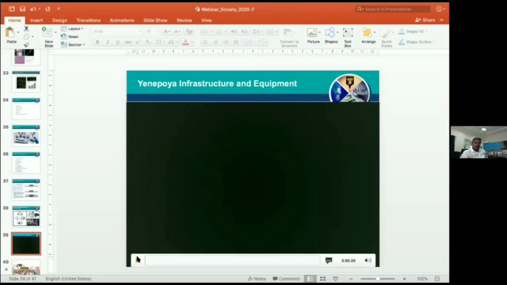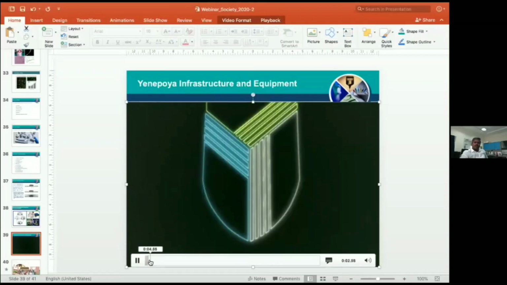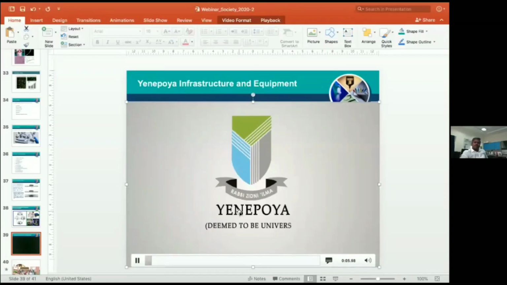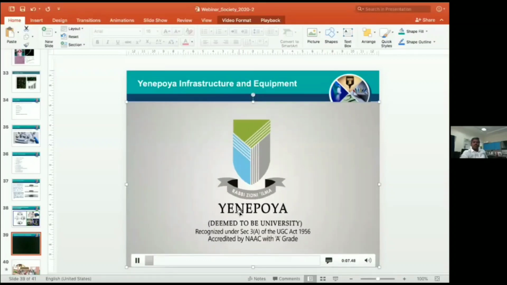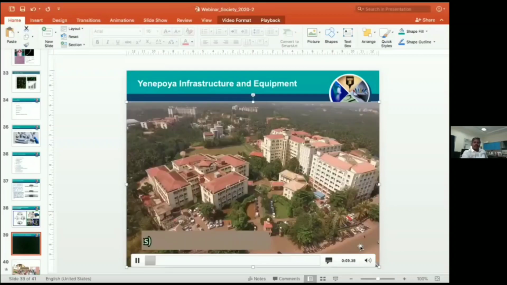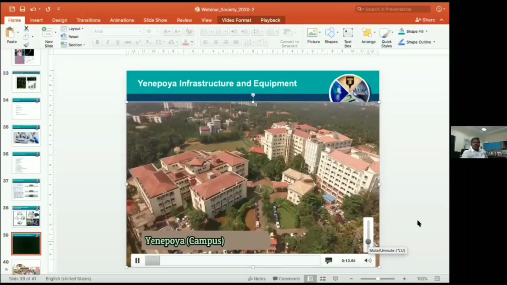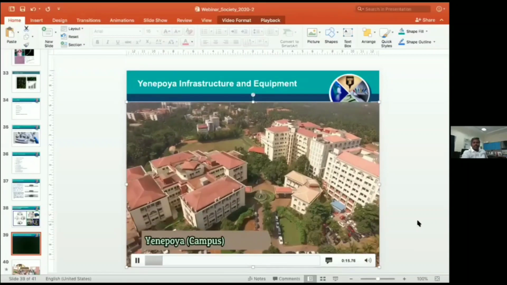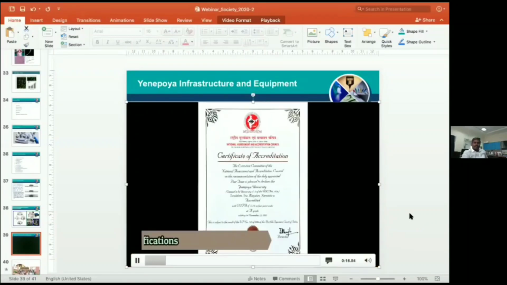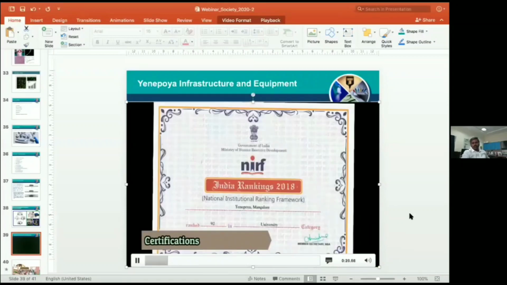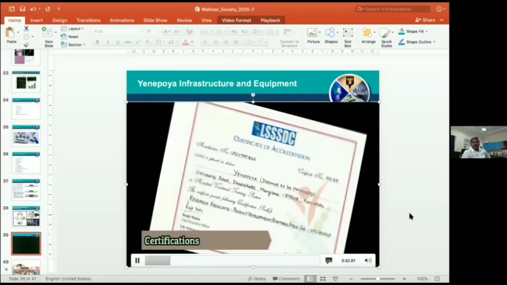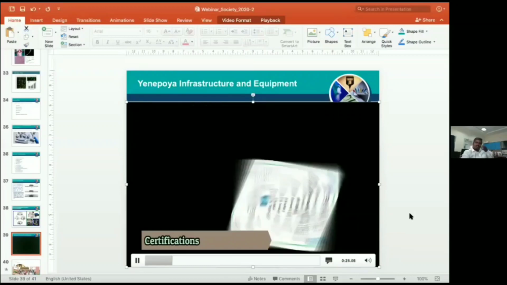We are from the Eloppia Research Center. I would like to show what we have with us and what facilities we have. Our campus is located in Karnataka, and we are accredited with several certifications. Of course, we are in the top 100 in NIRF, and we have some other certifications.